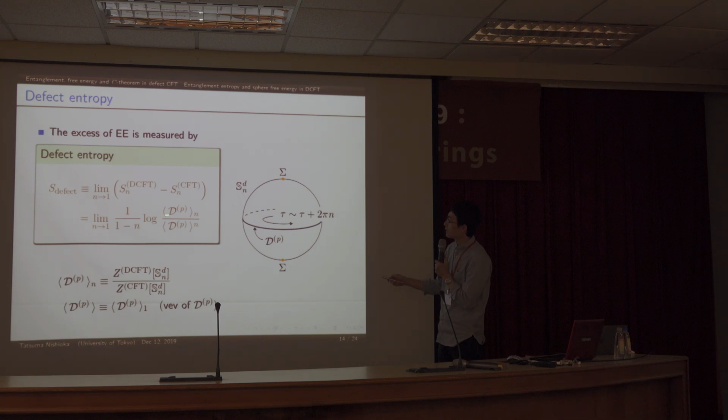After some simple computation, it is actually given by the vev of the defect operator on the n-fold cover of the sphere. This vev is defined by the ratio between the partition functions in DCFT and CFT.